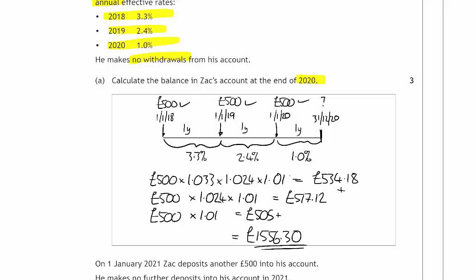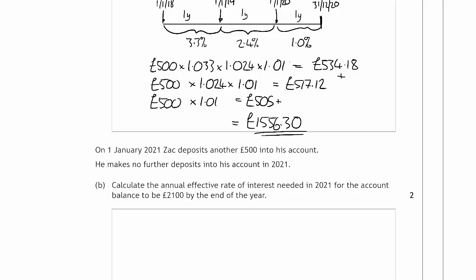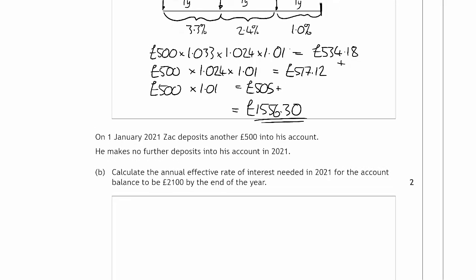Okay, now again, I've not seen a question asked like this since, but that's what it is. So on the 1st of January, deposits another £500 and no other deposits. Calculate the effective rate of interest in 2021 for the account if this is what the balance has to be at the end of the year.